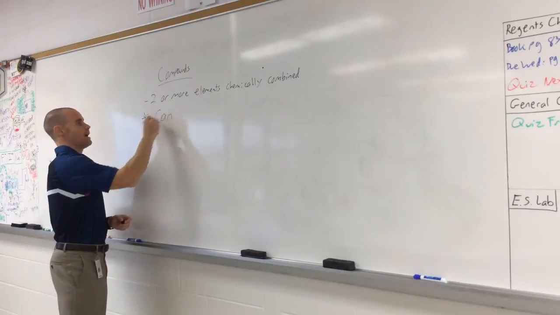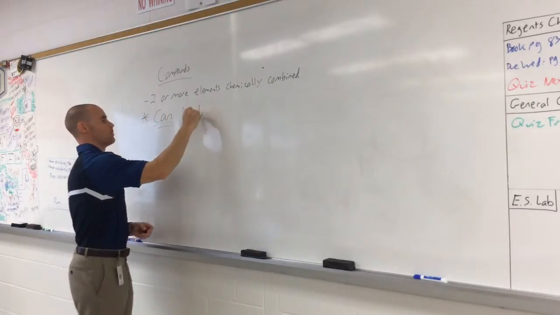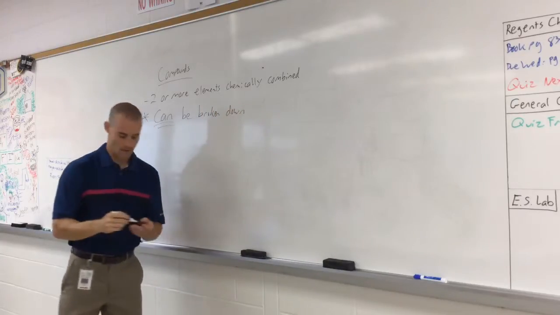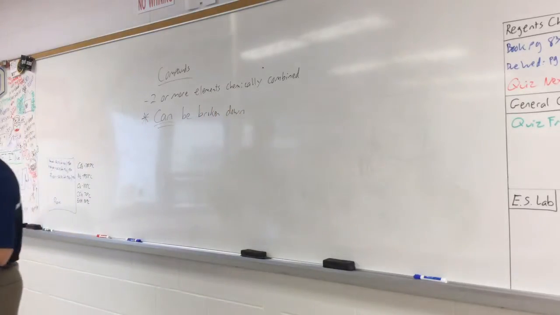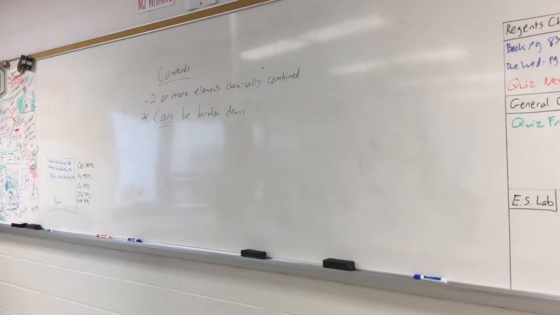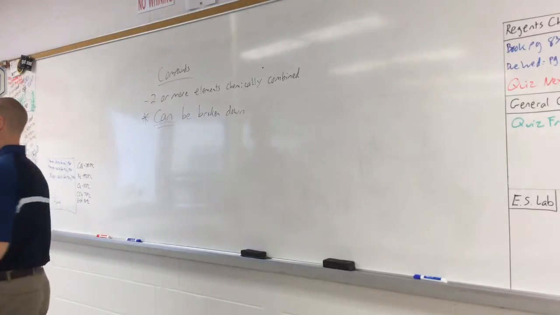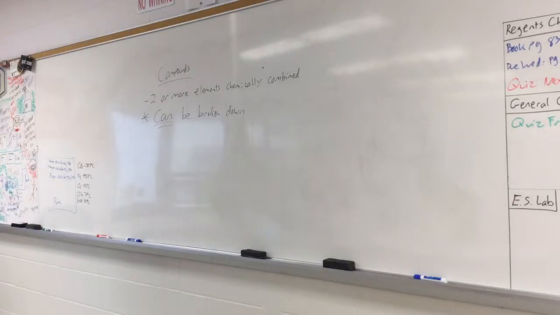Compounds can be broken down. And Ryan, it's your lucky day. We're going to talk about something you want to talk about all the time. So we can break compounds down. How can we break compounds down?